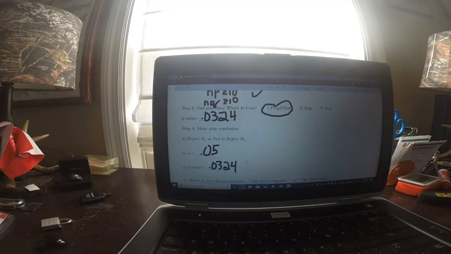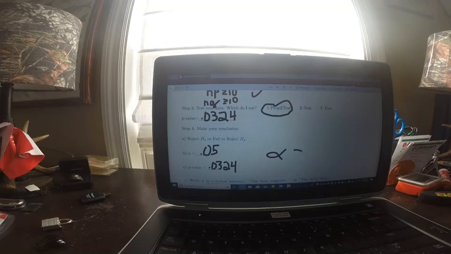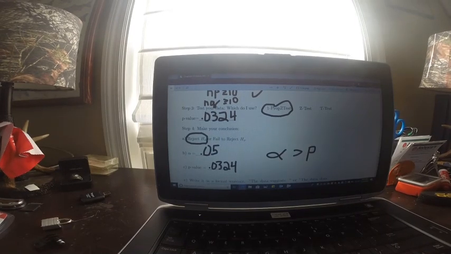That means that if I compare the two, alpha is greater than my p. If alpha is greater than my p, I'm going to reject the null hypothesis. Okay, that's simple. You've got to know your rules. Now all we have to do is put it in a complete sentence.